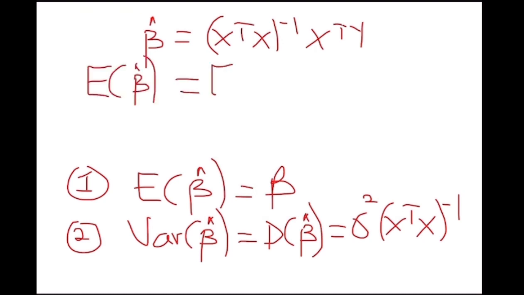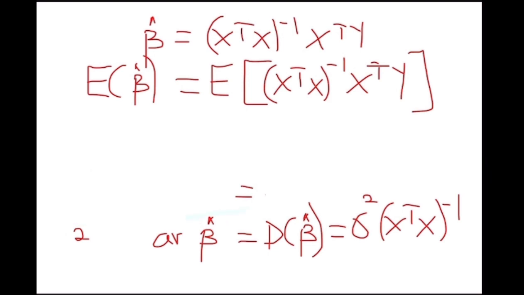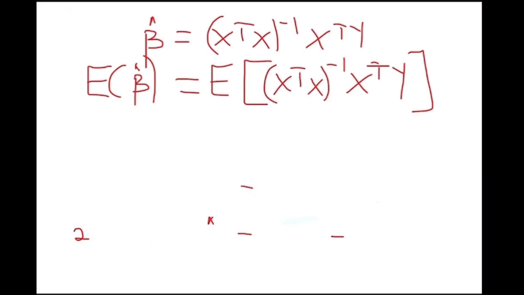Expectation of S transpose X inverse S transpose Y. Now, when you are talking about a linear regression relationship, the assumption is that y is a random variable. Anything other than y is going to be fixed.